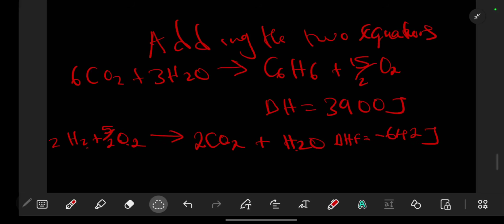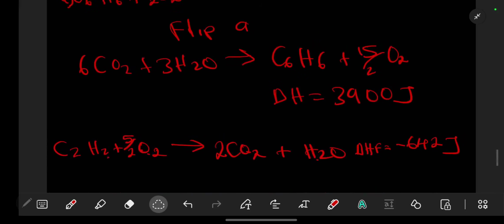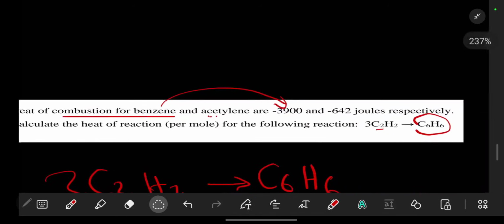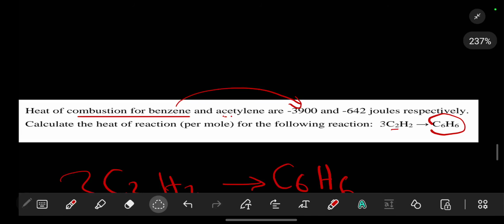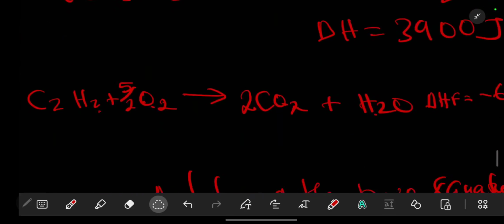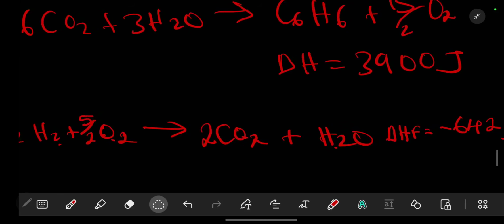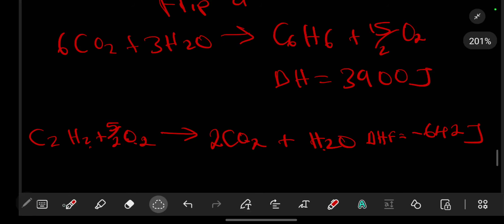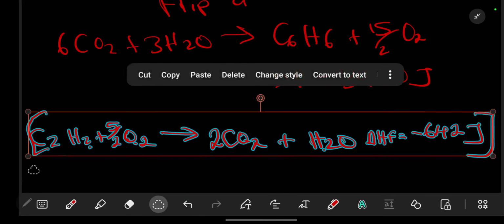Now when we look at this equation, we need 3 of them according to what we have. So we say multiplying this equation by 3.